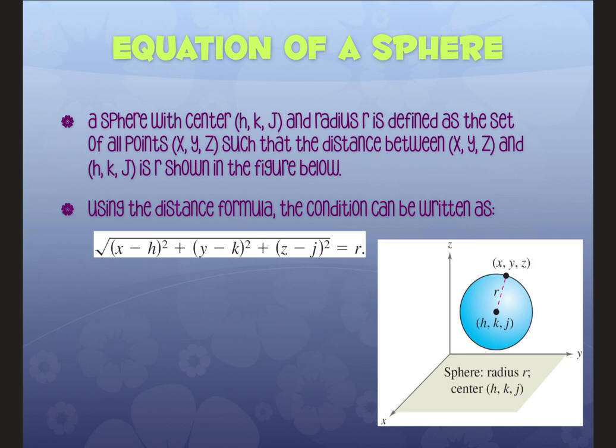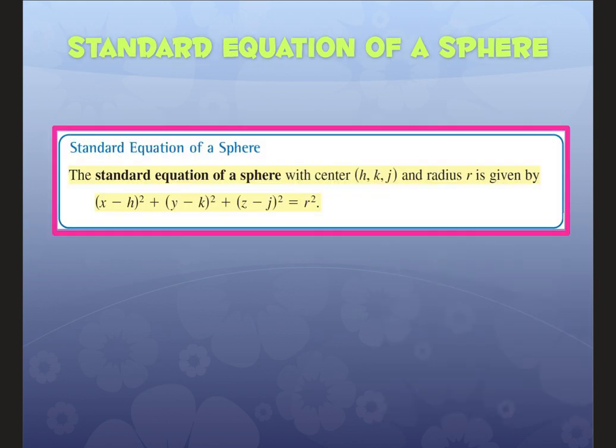Which means we add on another variable. So the equation you need to know is this one. It is very similar to the circle one. The circle one was just the x's and the y's, and now we add on the z's. The x goes with the h, and the y goes with the k, and the z goes with the j. So it is x minus h squared plus y minus k squared plus z minus j squared equals r squared.